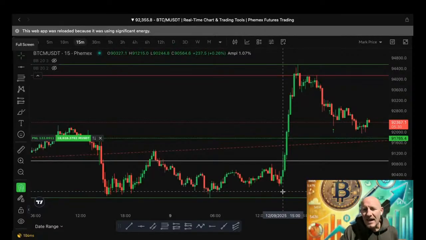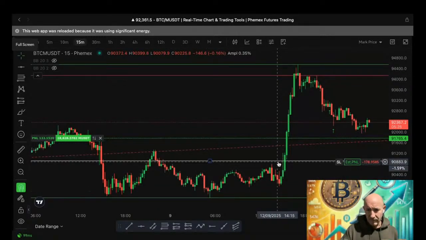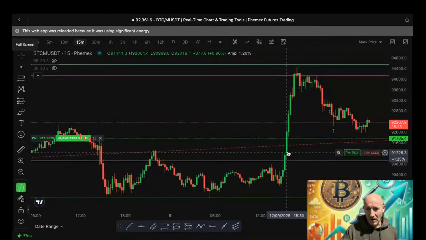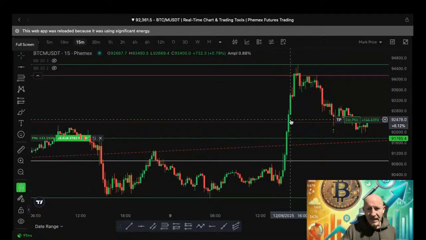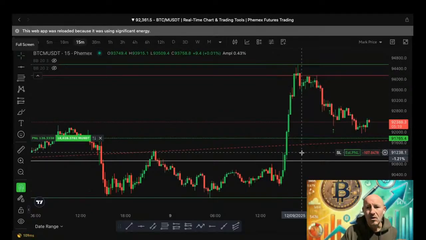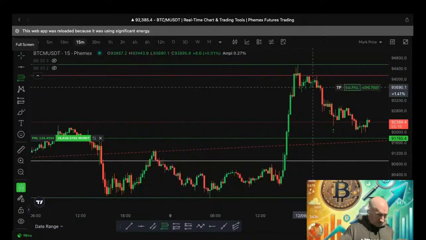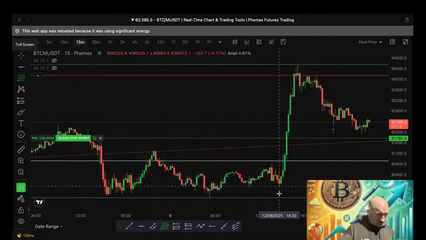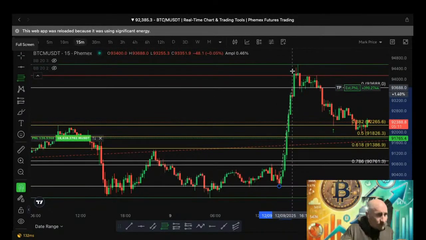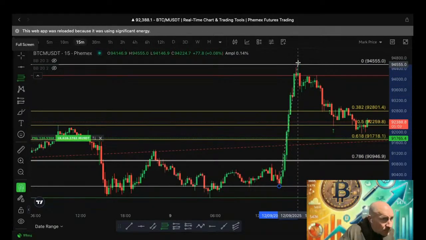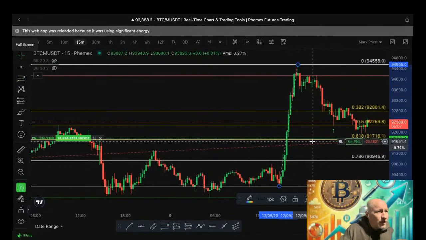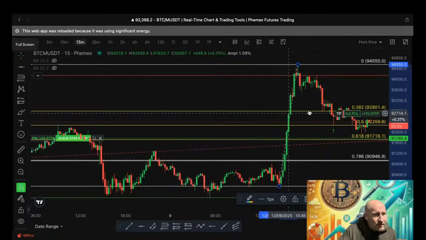You can pretty much count on the price retracing when that happens. And that's where the Fibonacci comes in. So watch this. So, as you can see, we are at the 0.5.